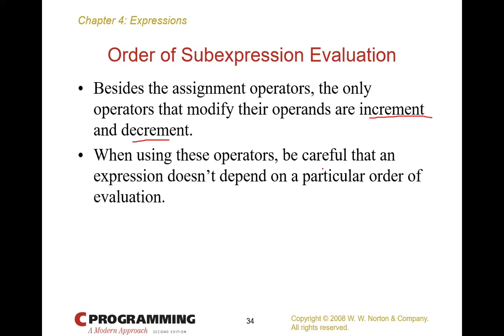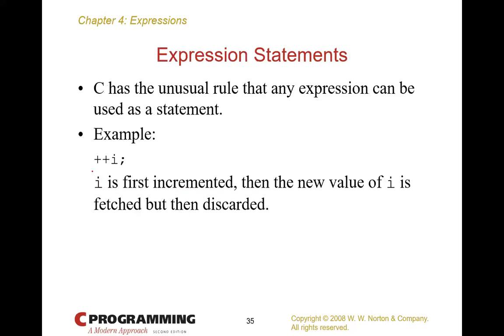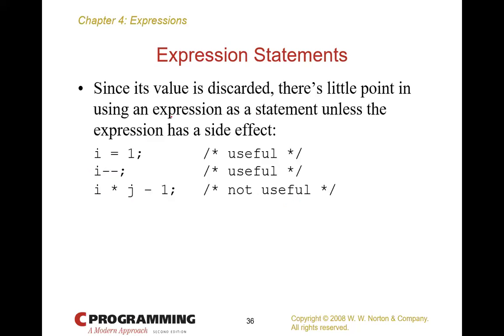When using this also, be careful that an expression does not depend on a particular order of evaluation, like our last example, like plus plus I. I is first incremented, then the new value of I is fetched, but then discarded. So if you have something like this, I is equal to 1, okay, this makes sense.